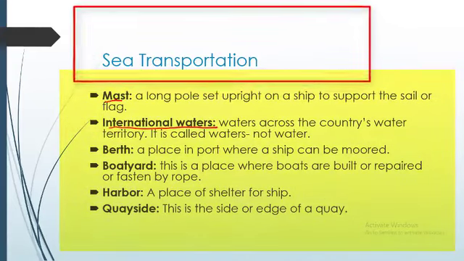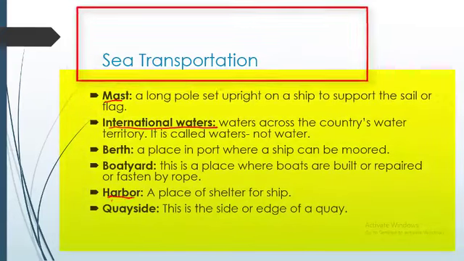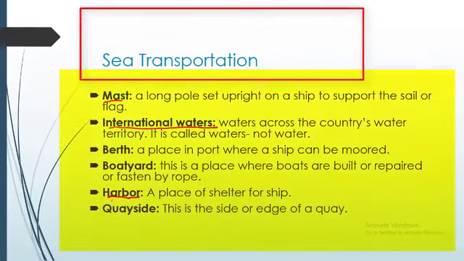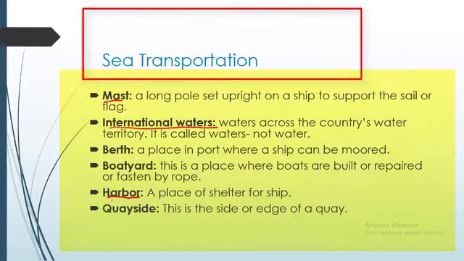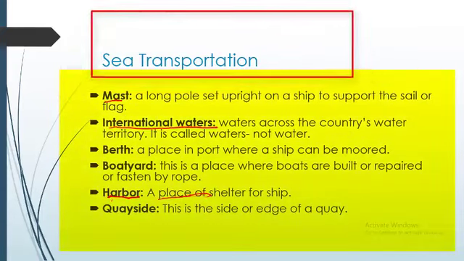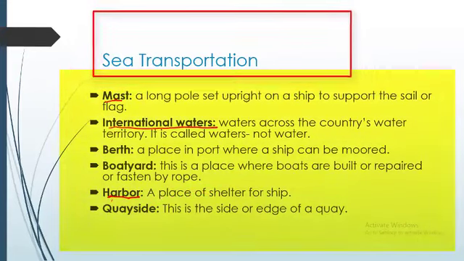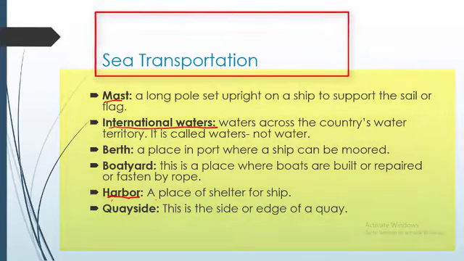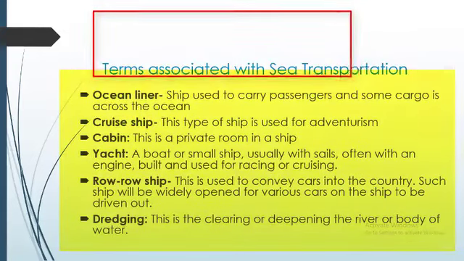International waters. Then we also have what you call the harbor. The harbor is almost like what you call hangar, a place of shelter for the ship, just like hangar is a place of shelter or shed for the aircraft or aeroplane, as the case may be. Alright, then we have what you call an ocean liner. I told you what ocean liners are for.